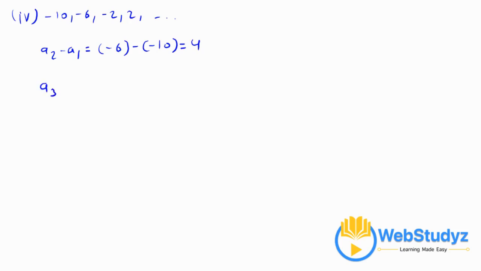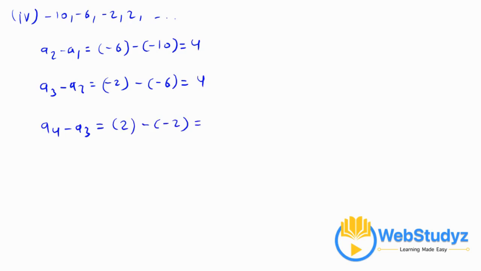Again checking A3 minus A2, which will be minus 2 minus of minus 6, which comes out to be 4. Again checking A4 minus A3, which is equal to 2 minus minus 2, which again comes out to be 4. That means D is the same. So we can say the given series is in AP.